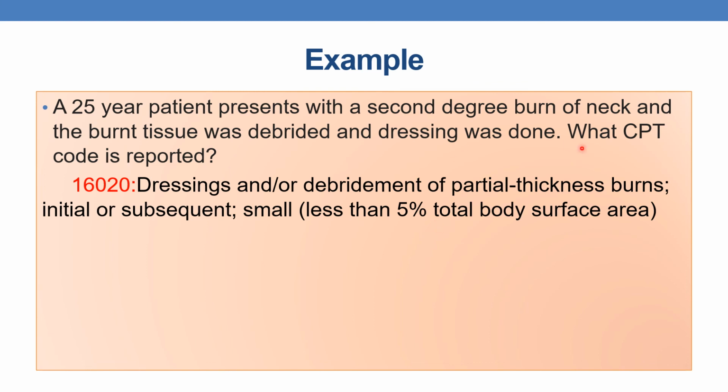If you see the table, the neck of an adult male indicates 2% of the total body surface area. Hence it is 2%. The appropriate code is 16020, where the surface area is less than 5% of the total body surface area.